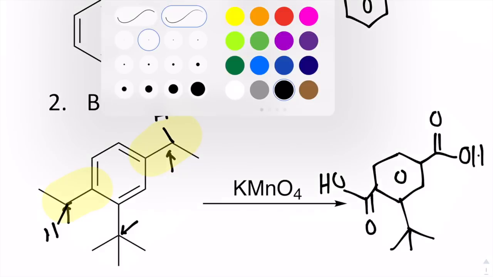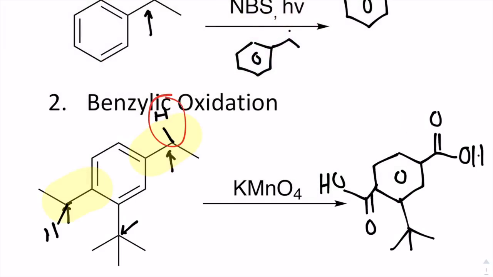So if we're able to extract these hydrogens from the benzylic position, we can effectively oxidize and place carboxylic acids or carbon-oxygen bonds in that position, and that's the definition of oxidation. So as long as there is at least one hydrogen at the benzylic position, we can do this oxidation, but you can see over here, since we have three methyl groups, or this isopropyl group, there are no hydrogens here. There are no hydrogens that we can abstract to do that oxidation step. So that's why we have this product.